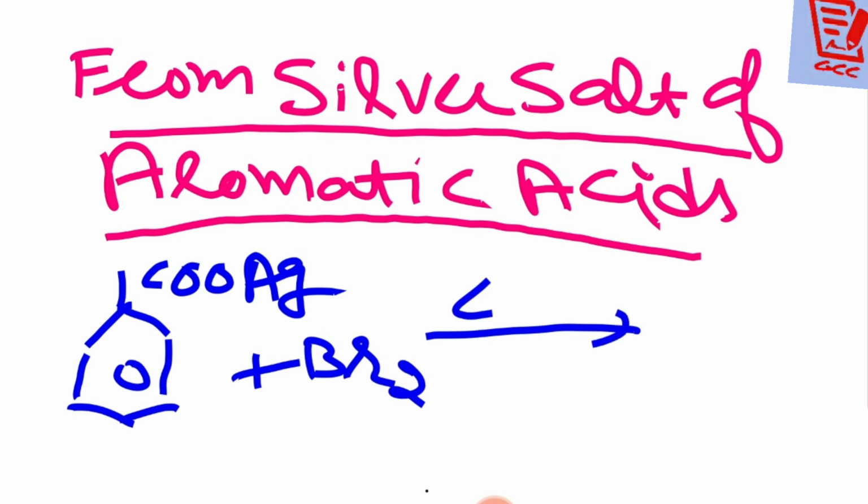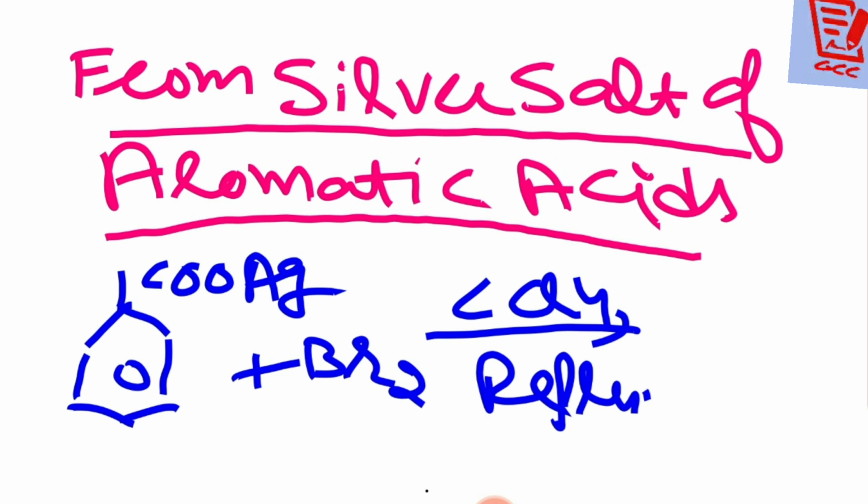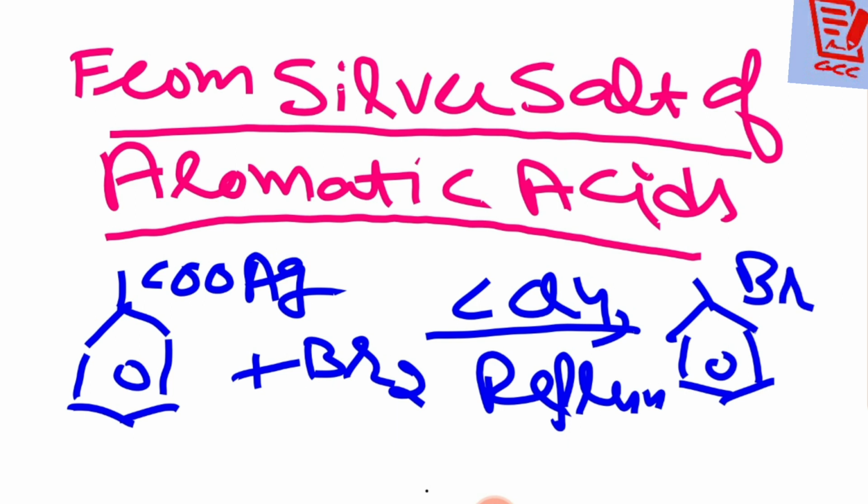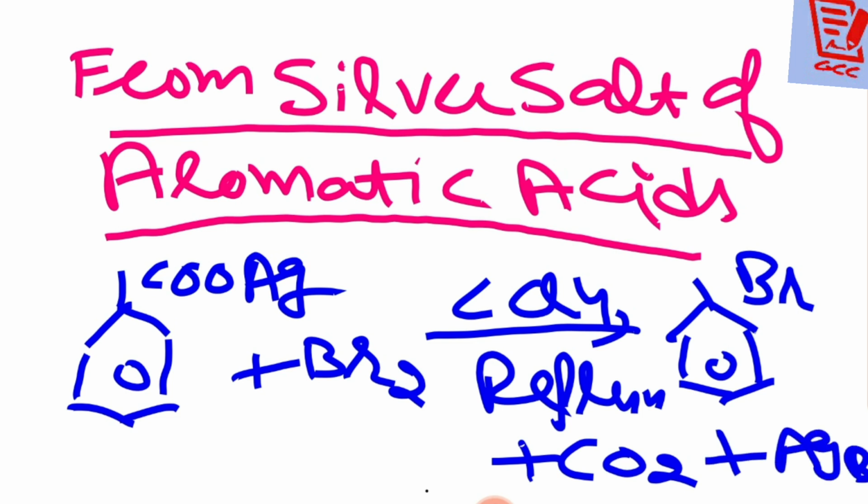In the presence of CCl4, reflux, and what we are getting there, beta? Here we will get bromobenzene plus CO2 plus AgBr. Previously its name was the Borodin-Hunsdiecker reaction.